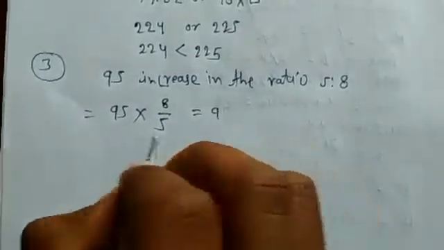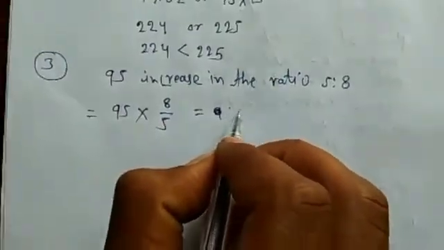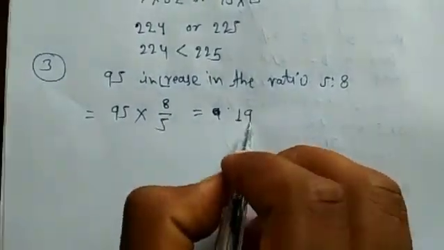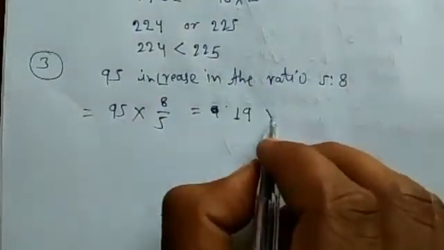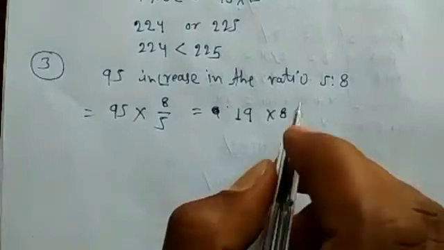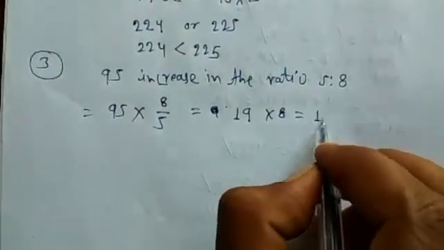Cancel 95 by 5: 5 ones are 5, 4 remains, 5 nines are 45, means 19. 5 nineteens are 95. Into 8. Now 19 eights are 152.